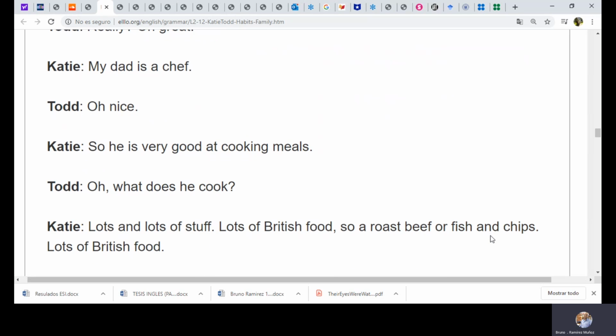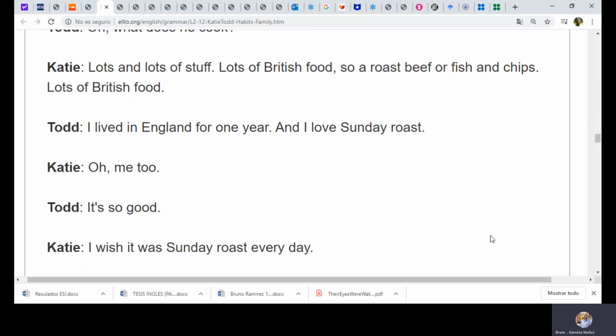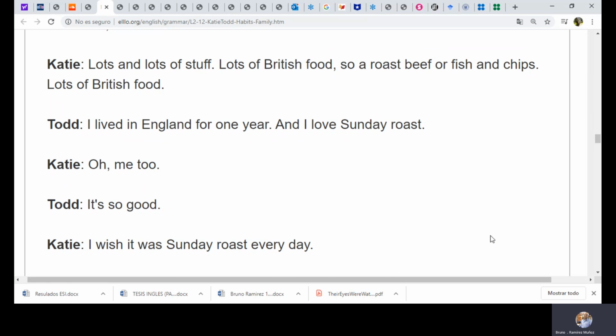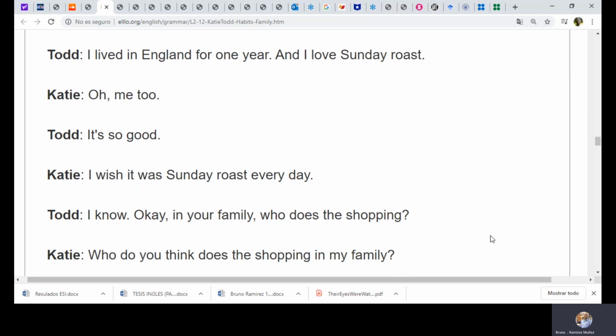My dad is a chef, so he's very good at cooking meals. What does he cook? Lots of stuff. Lots of British food. So a roast beef or fish and chips. I lived in England for 1 year, and I love Sunday roast. Oh, me too. It's so good. I wish it was Sunday roast every day.